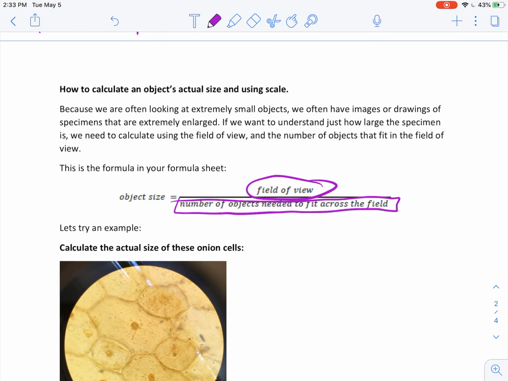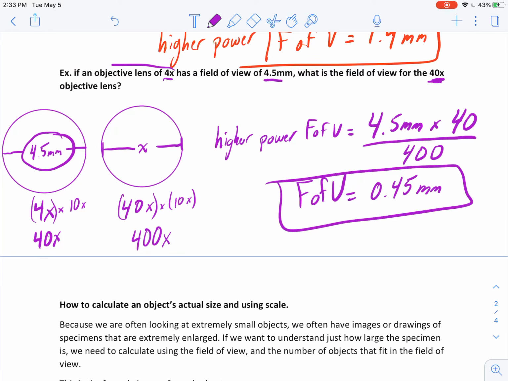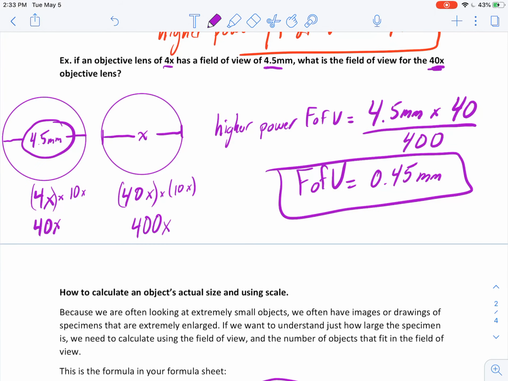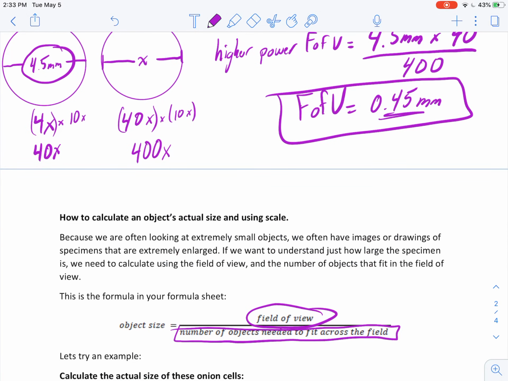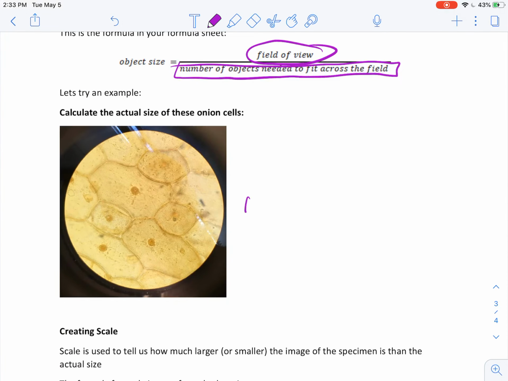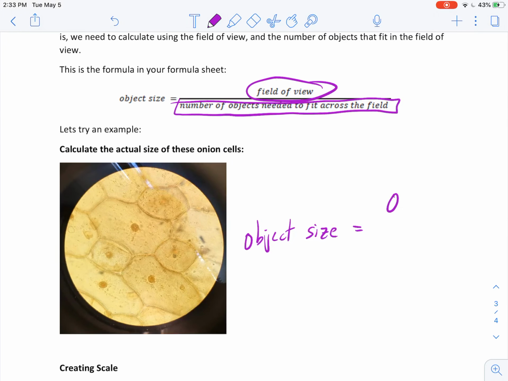So, let's take that out. If we were to use the same objective lens here and use my field of view, this is in the highest magnification, so this is going to be my field of view of 0.45 millimeters. Object size is equal to field of view 0.45.